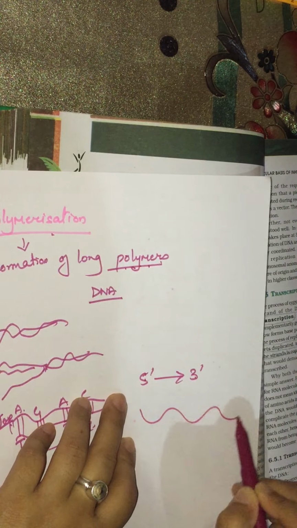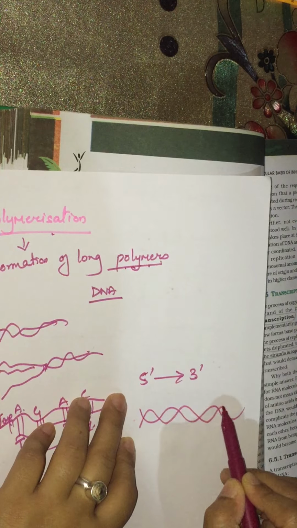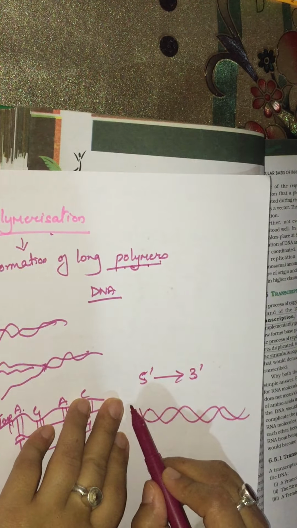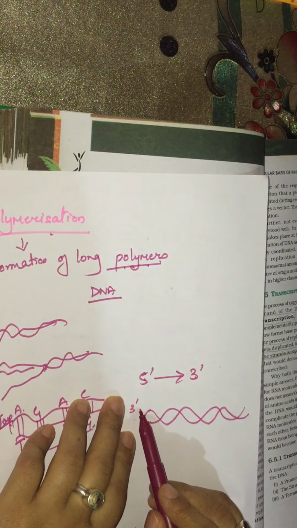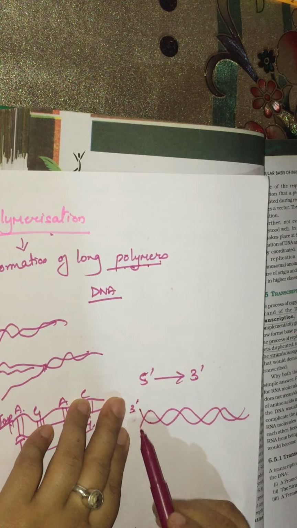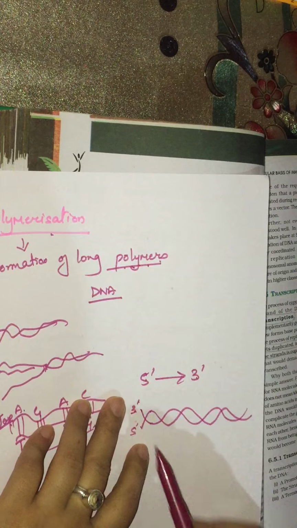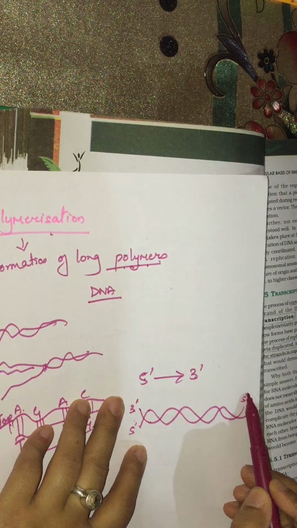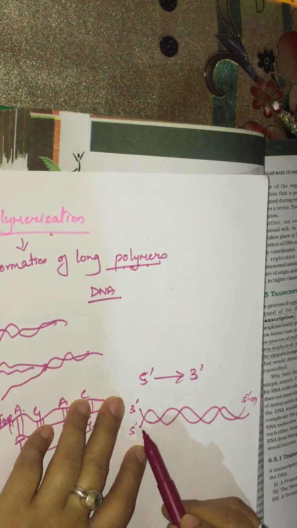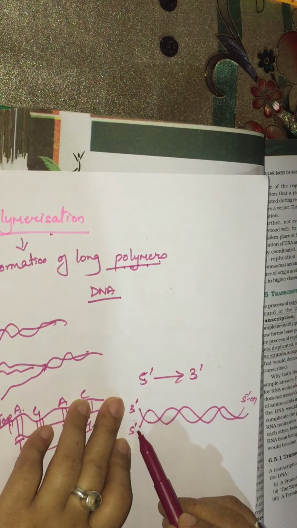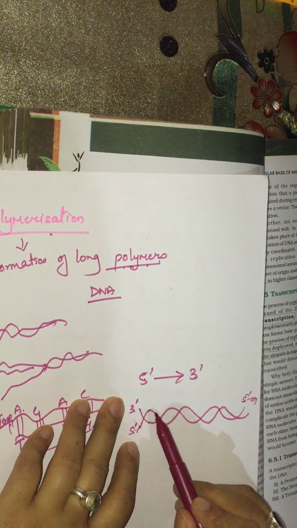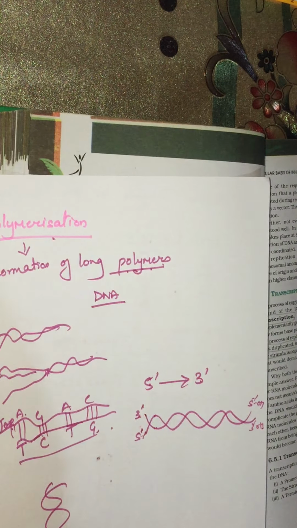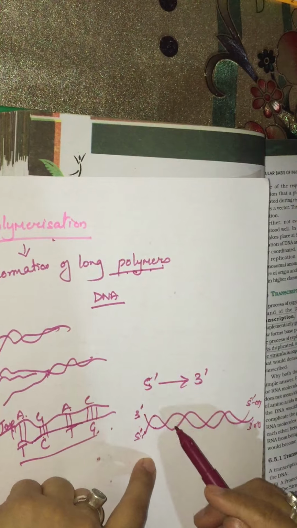That means, as I've already told you in the previous videos, these are the two strands of DNA. If one strand contains 3', then opposite to it will have 5', and this 3' in DNA ends in a 5' OH group, and this 5' OH group ends in a 3' OH group, because it is anti-parallel.